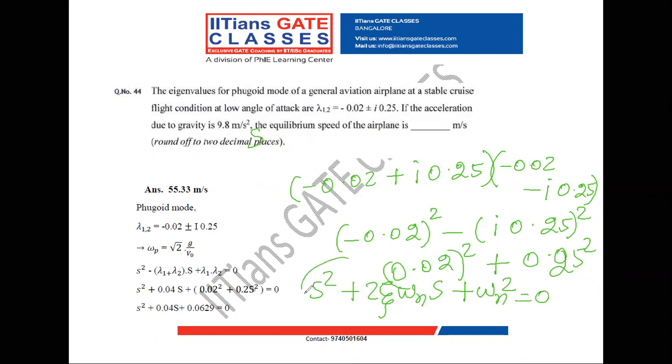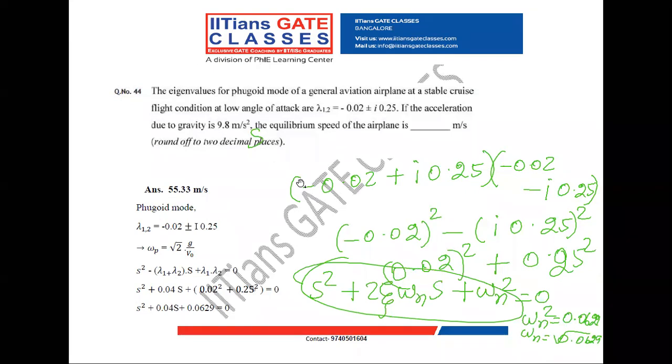This is the equation we'll be getting. From this, omega n square is nothing but 0.0629. From this, the natural frequency of the airplane is nothing but the square root of 0.0629.